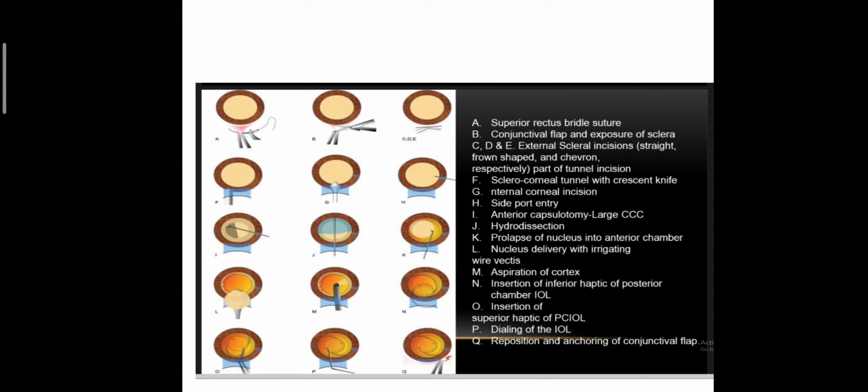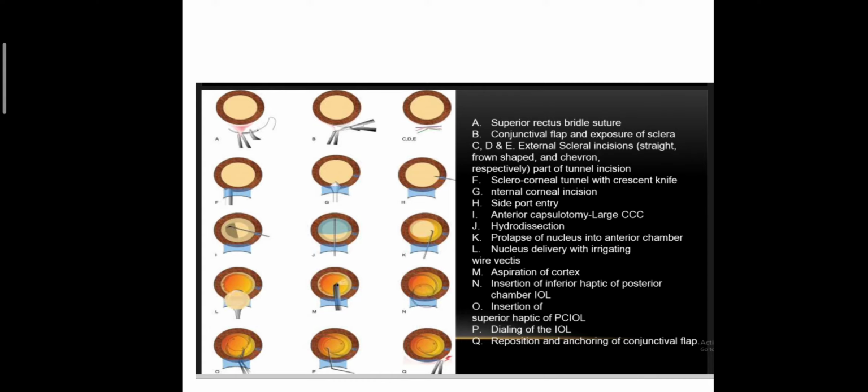The initial steps in SICS, small incision cataract surgery, are similar, like I told you, and after the incision is done in sclera, the scleral tunnel is made 1.1 to 1.5 millimeter from the limbus.